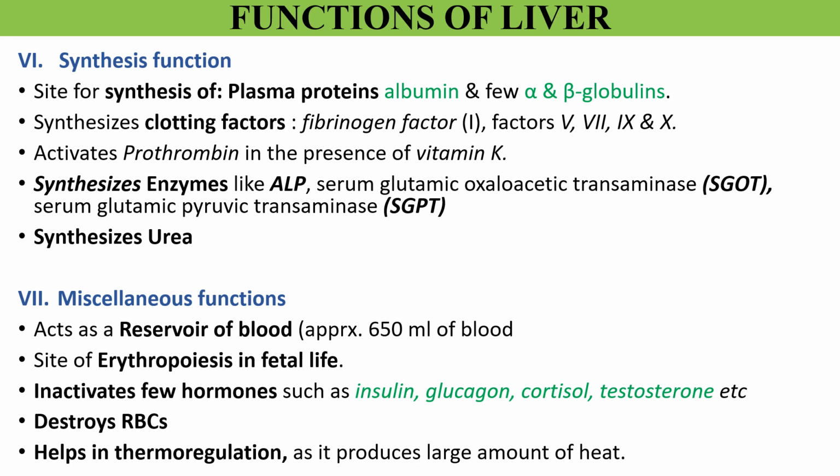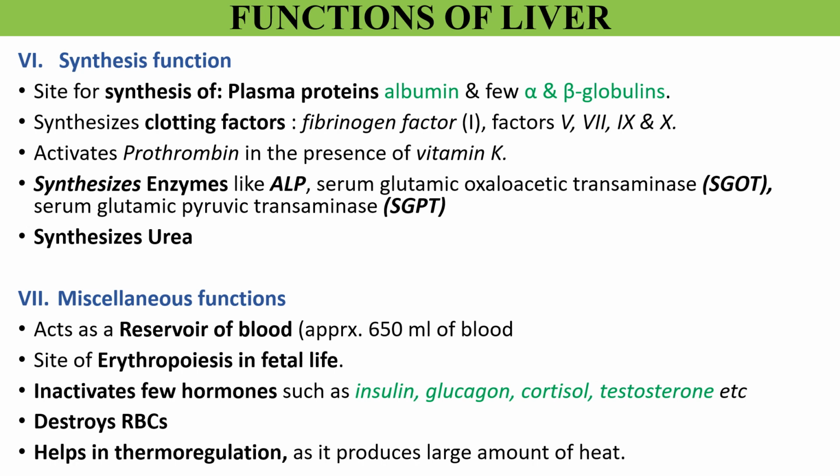The synthetic functions of the liver: the liver is the site of synthesis of plasma proteins, especially albumin. It also synthesizes some clotting factors, namely fibrinogen and clotting factors 5, 7, 9 and 10. The liver synthesizes special enzymes called alkaline phosphatase that are useful indicators of the normal working condition of the liver.